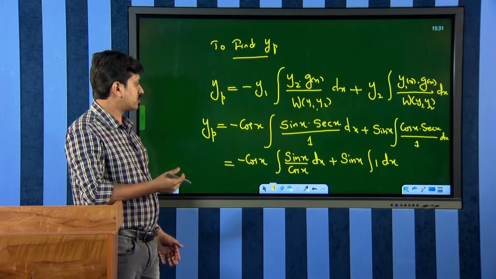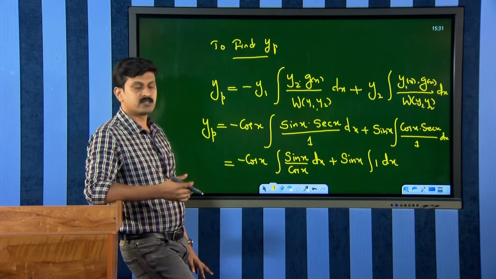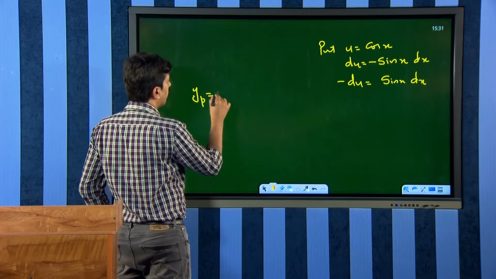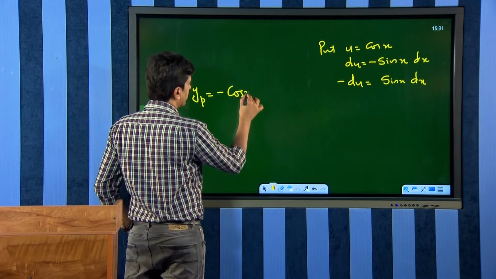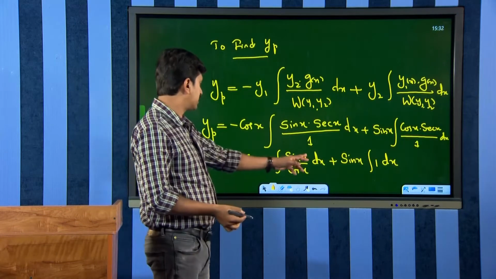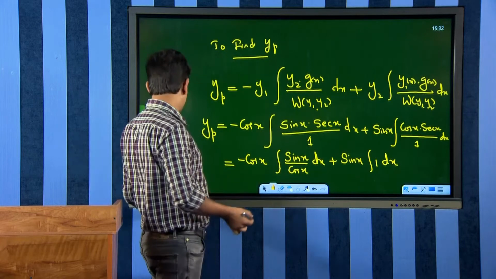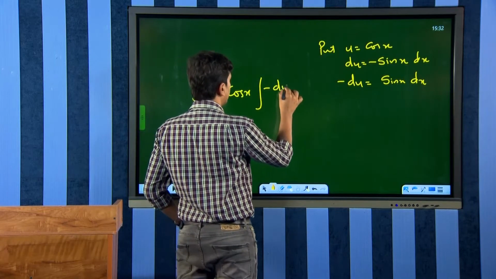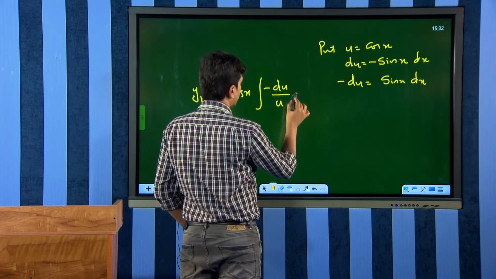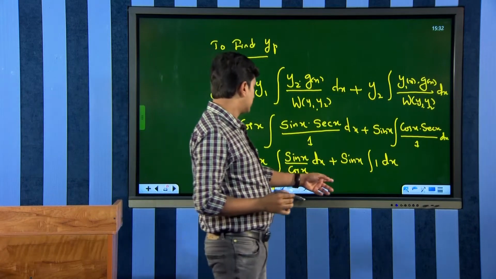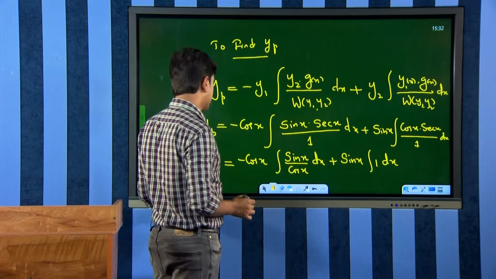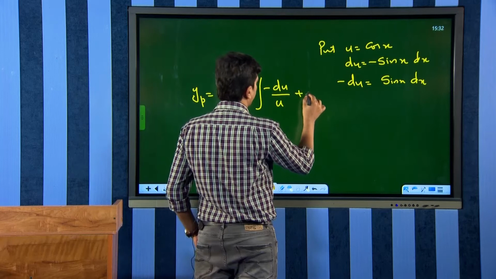So minus cos x into minus du by u. That is, yp is equal to minus cos x into the integral of sin x dx, where sin x dx is minus du and cos x is u, so minus du divided by u. Finally, sin x into the integral of 1 dx gives plus x sin x.